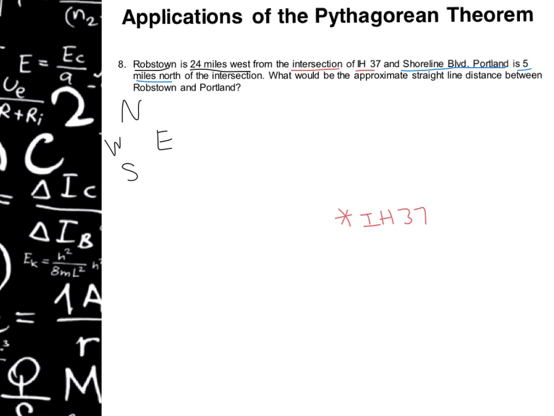So from our intersection here, I'm going to go 24, whoops, that's not very straight, 24 miles west. So I know that's 24 miles. And then it says Shoreline Boulevard is 5 miles north of the intersection. North would be going up from the intersection. So I'm going to go up 5 miles.